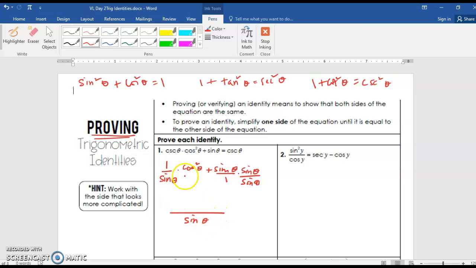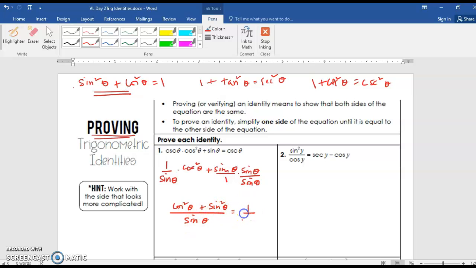So sine theta, cos squared theta here in the numerator, and here sine times sine is sine squared, isn't it? And we know from this identity that sine squared plus cosine squared is 1.